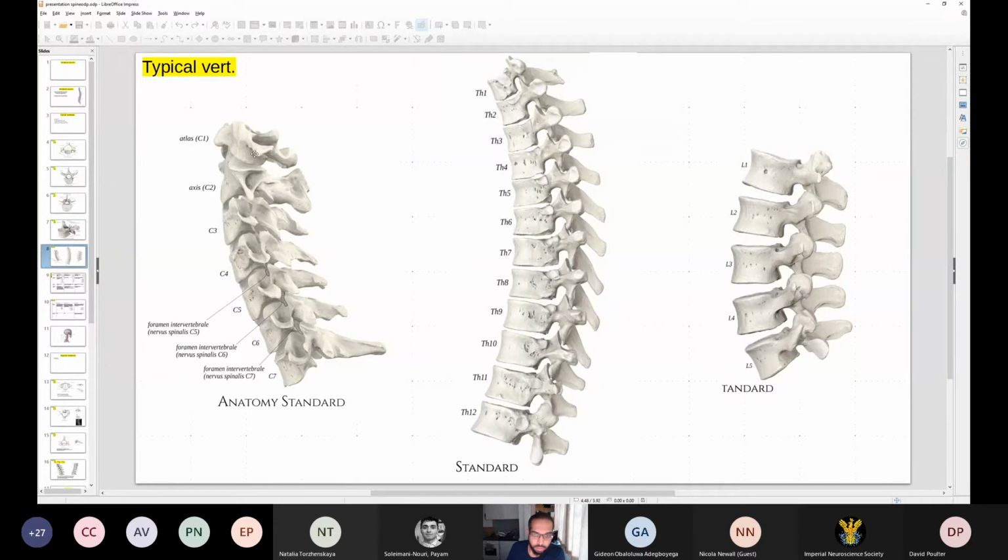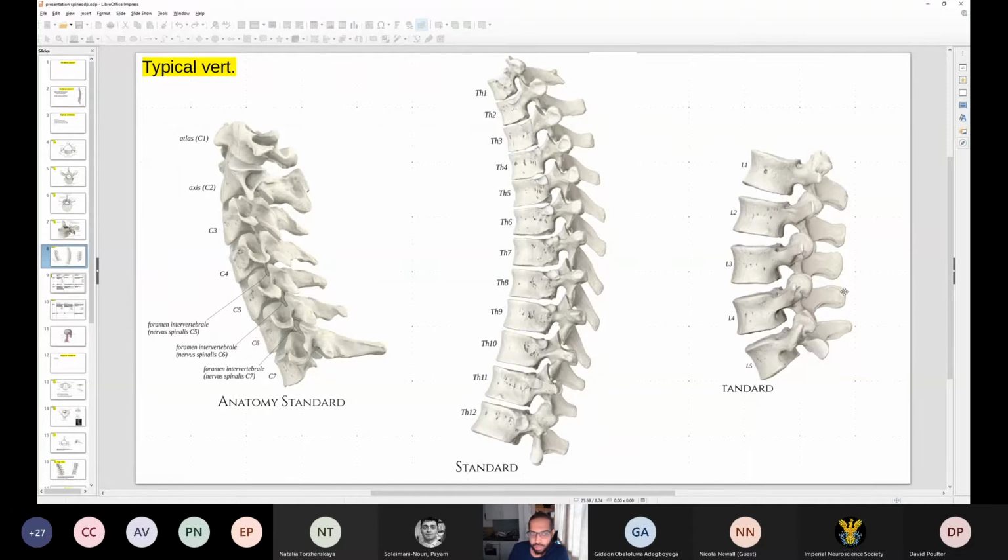This is the cervical, this is the thoracic, and this is the lumbar. The same features that we talked about apply: the spinous processes lie posteriorly in all segments of the spine.